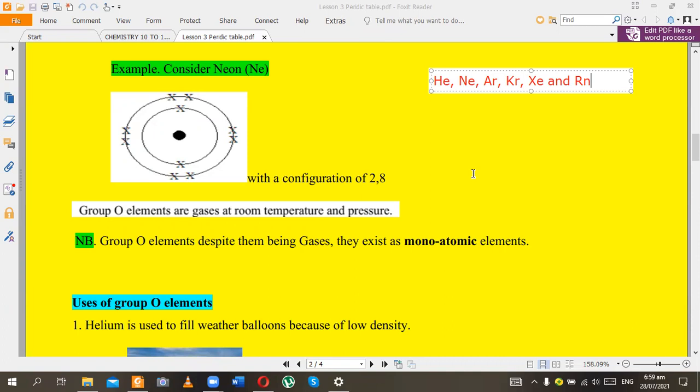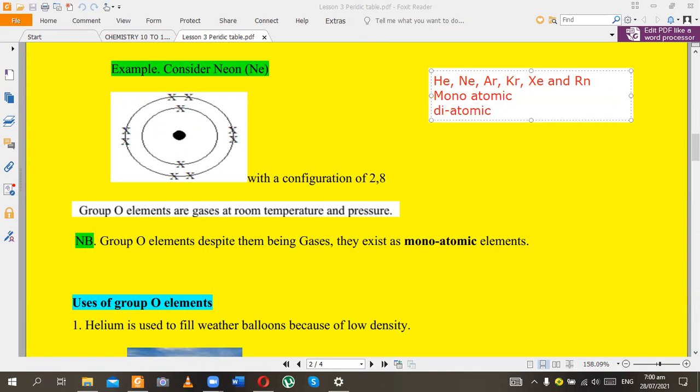Now, look at the way they are written. Even in real life, even when you're taught to write them as just the symbol, you have to write them like that. Why? It is because of these 2 points that I'm going to talk about: monoatomic elements, as well as diatomic elements. These are very important things that we need to understand.